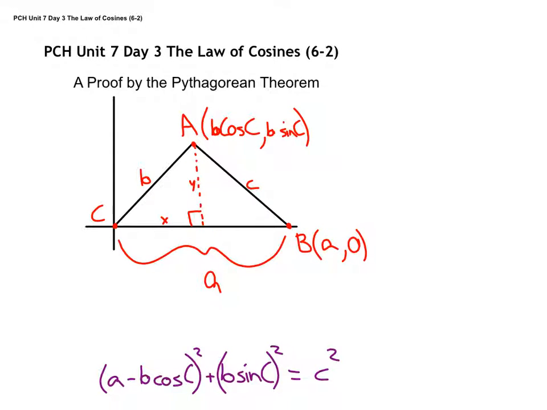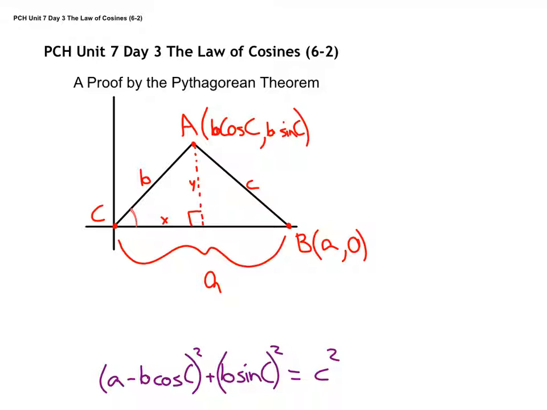But then we have this point up here to make triangle ABC. I called this point (B cosine C, B sine C). Now, you might recognize that a little bit from the unit circle. In the unit circle, the radius was 1, so all the points on the unit circle were (cosine, sine). Well, here, C is the angle of the triangle that we're working with.